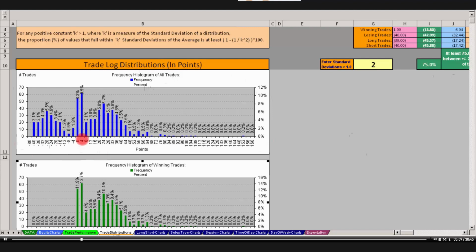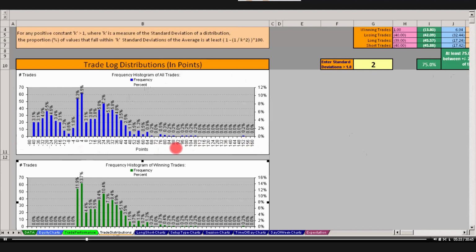It's kind of interesting that you can look at this and tell what kind of trading system this really is. First of all, it's not normally distributed. You can also see that some trades tail off to the right, very positive trades. In fact, there's one right over here at 152 points. Then there's a couple over here around 100 points.